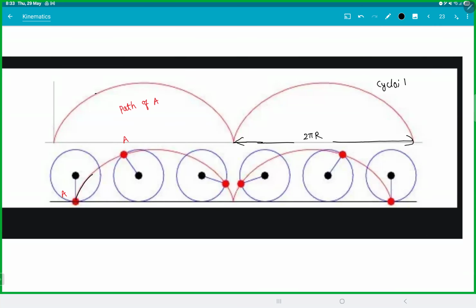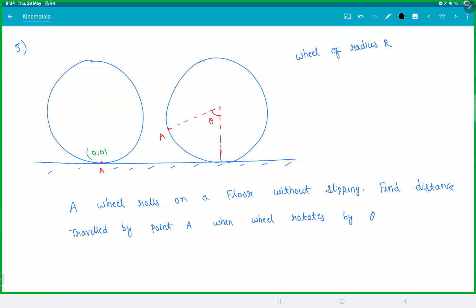How do we do this? You guys need to refer to the notes.